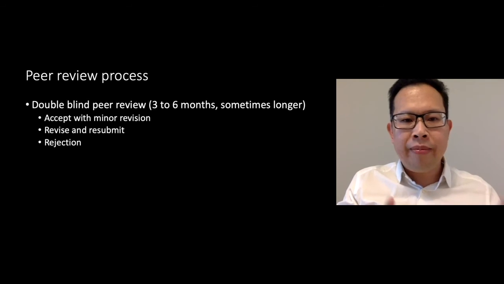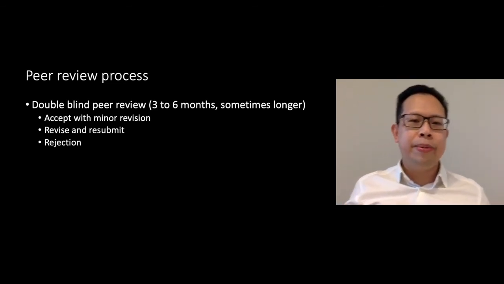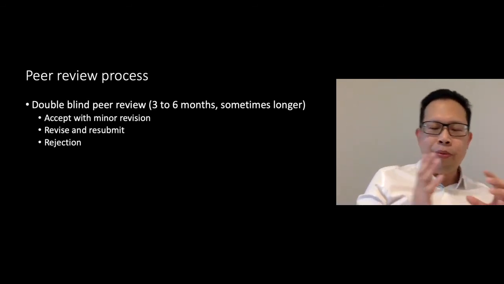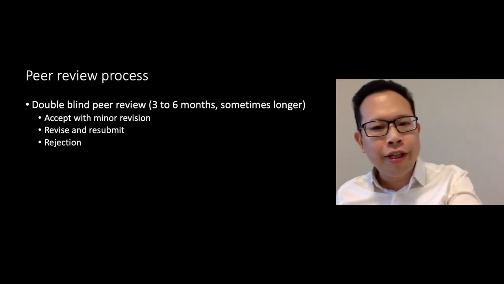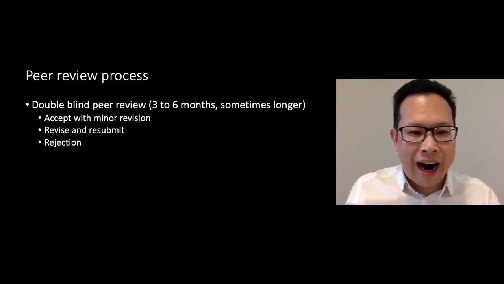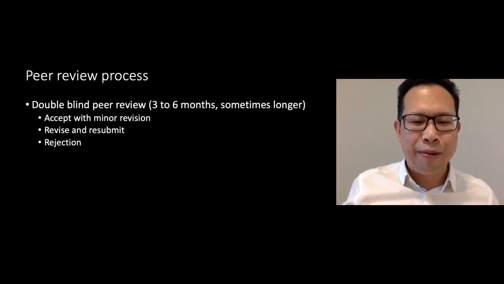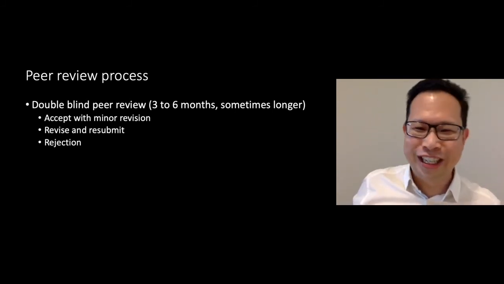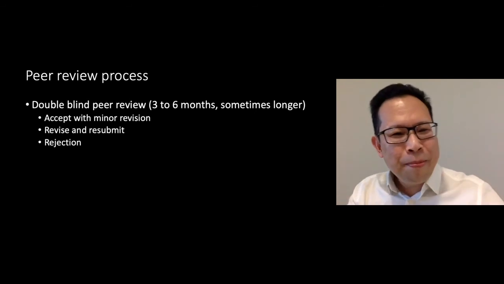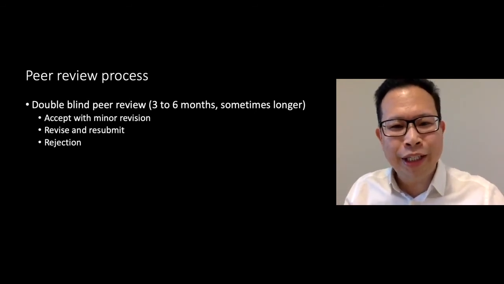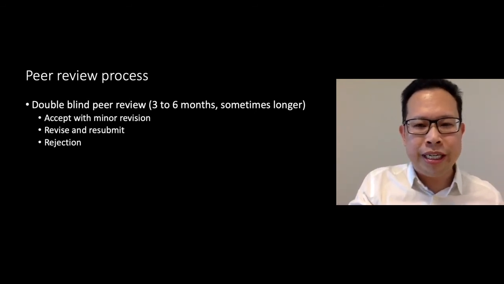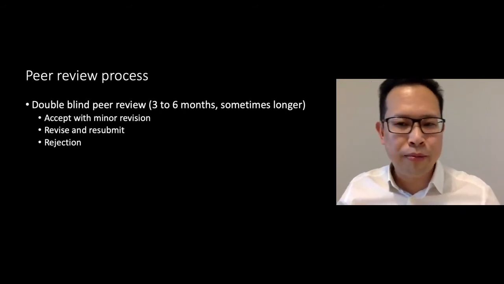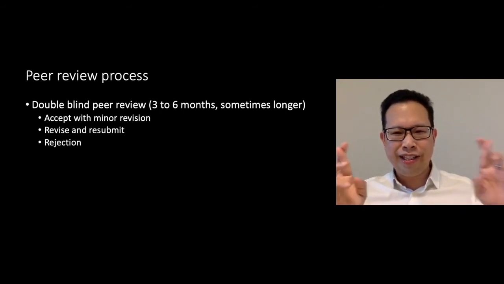Double-blind peer review refers to the peer review process where the reviewers and the authors do not know who they are. So this is the reason for double blind, not that we review manuscripts blindly. Right? Just joking. The double-blind peer review process usually takes about 3 to 6 months, sometimes longer. So keep your fingers crossed.